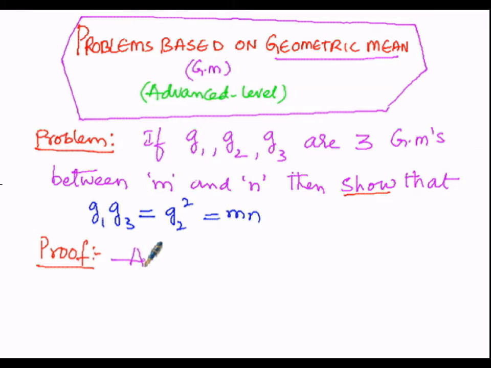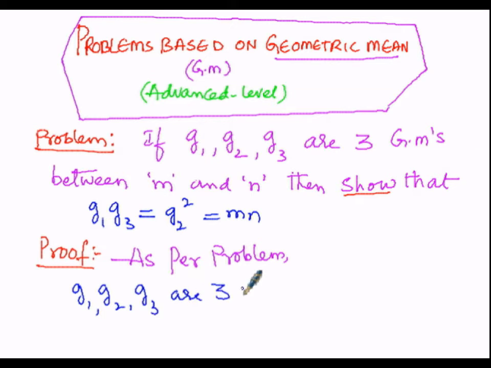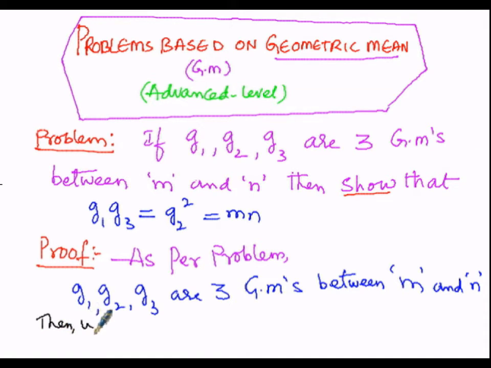So as per the problem, G1, G2, G3 are three GMs, that is geometric means, between m and n.